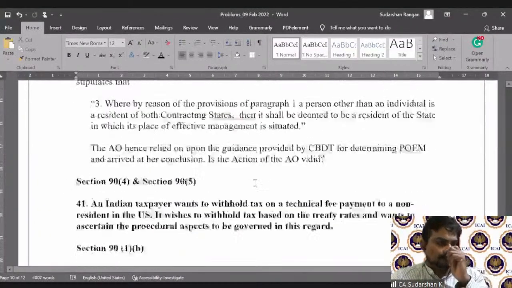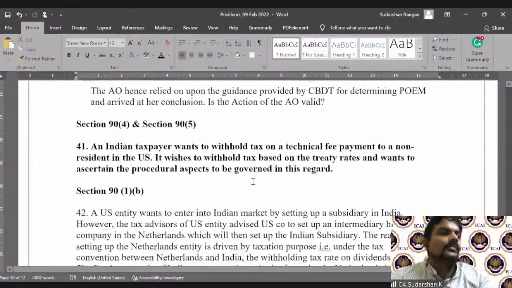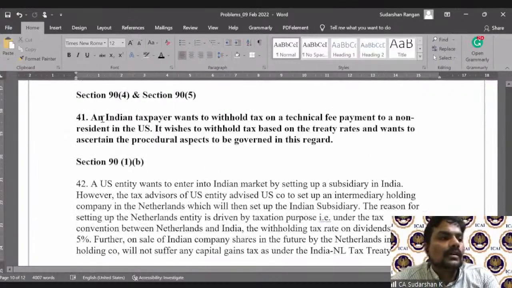Now, let's look at 94 and 95, the procedural aspects. Same thing like what we saw, an Indian taxpayer. What are the procedural aspects that I need to look at?